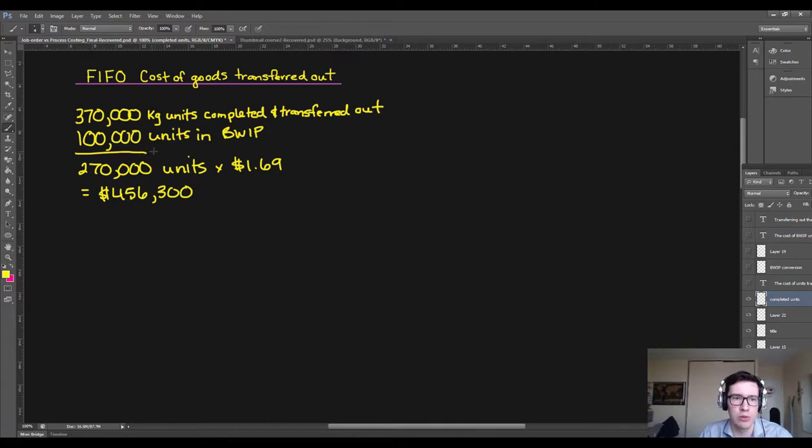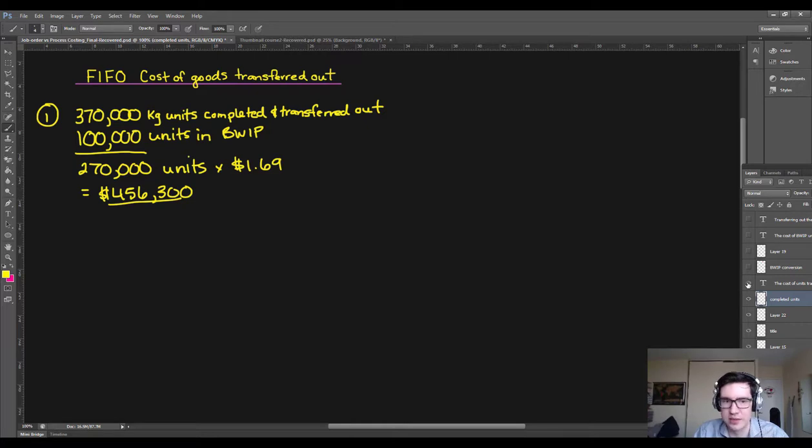And while we go through this, we're actually going to slowly try to figure out the cost of goods transferred out for some of those BWIP units that we have completed in January. We just don't want to include the cost from prior periods because FIFO does not want us to include the costs from prior periods. So this is step 1, and that's our value.